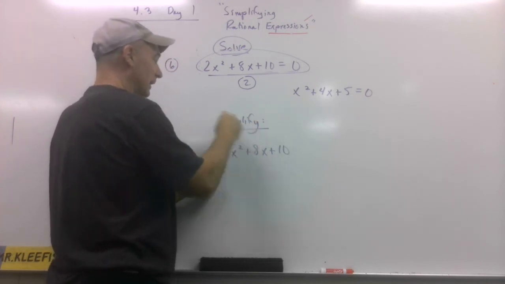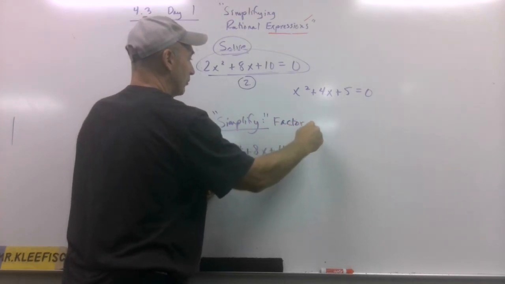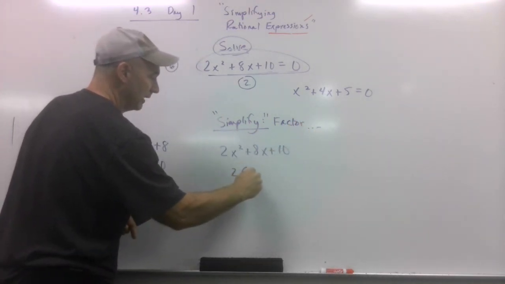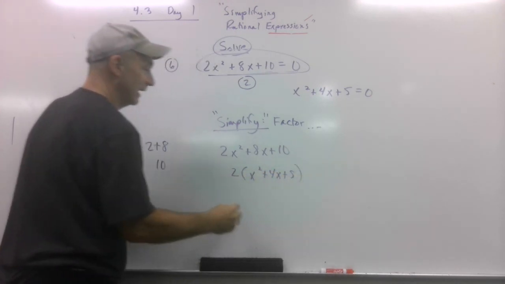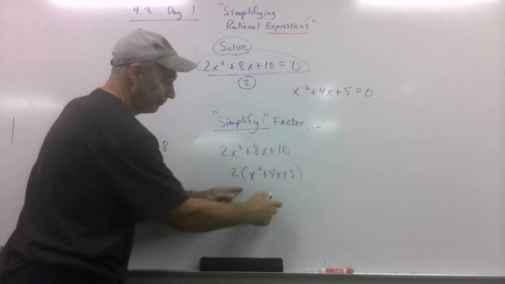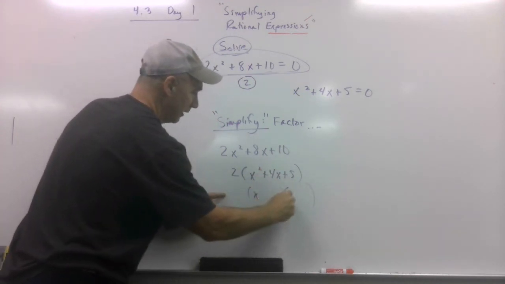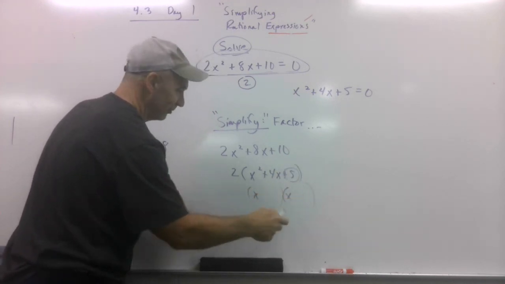This is where, in this case, simplify really means factor completely, okay? I'm like, oh, I can take a 2 out. That'd be x squared plus 4x plus 5, and I would try to factor this, x, like, nope, 5 and 1, I can't, it's just not going to happen.